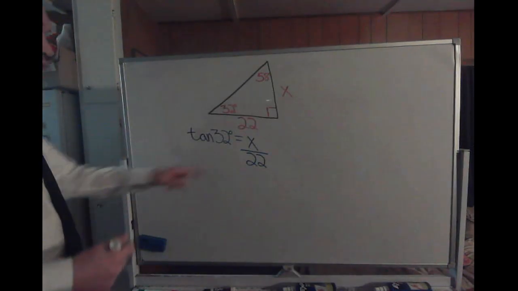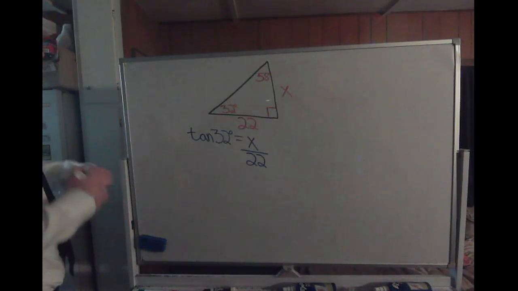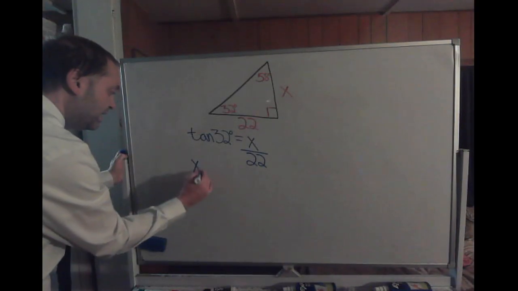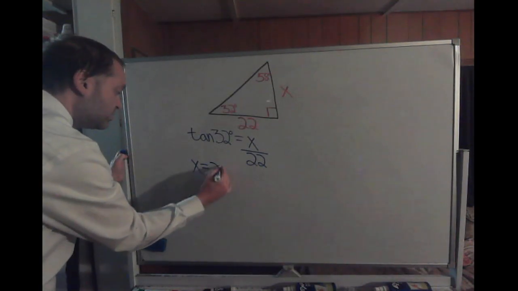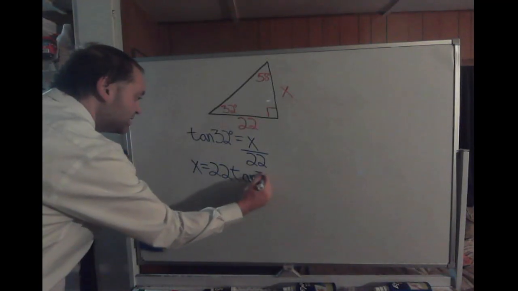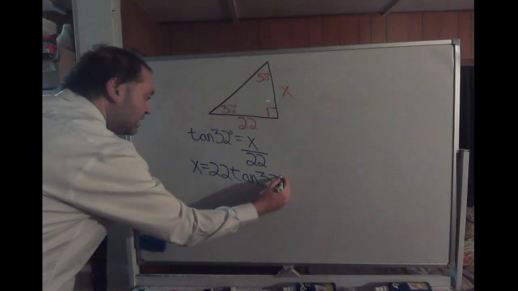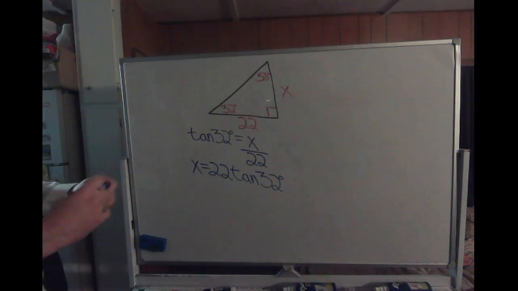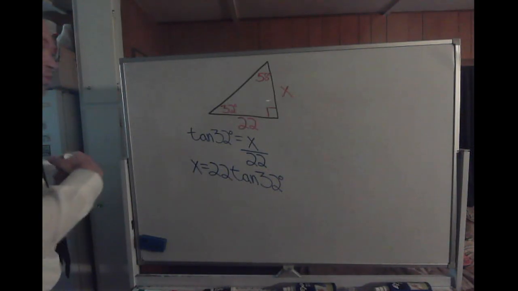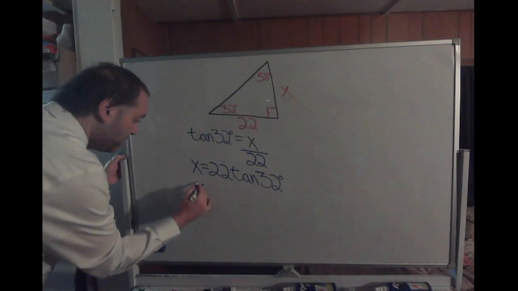Alright, so of course we want to solve for x. You need to multiply both sides by 22. You would end up getting x is equal to 22 times the tangent of 32 degrees. Now we're going to round our results to about 2 decimal places. We're going to get an approximation here.